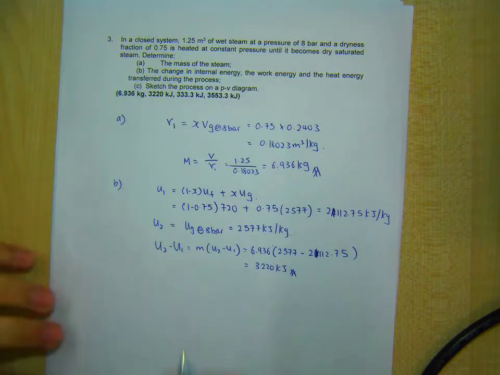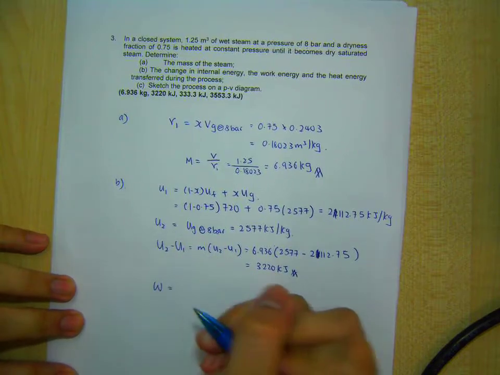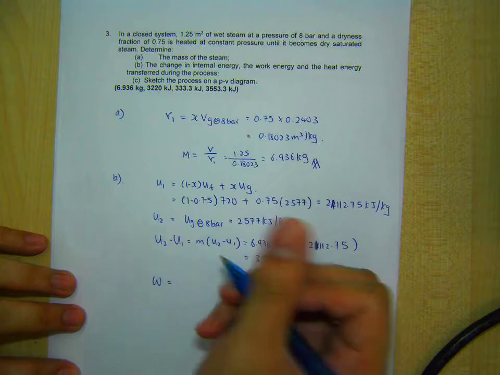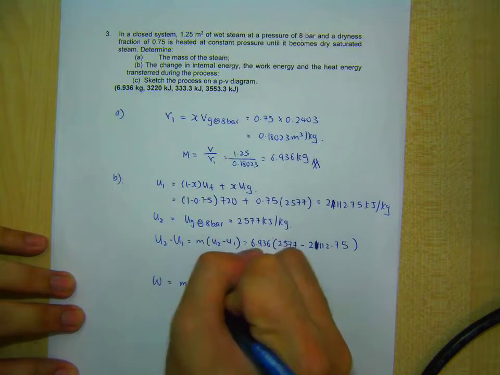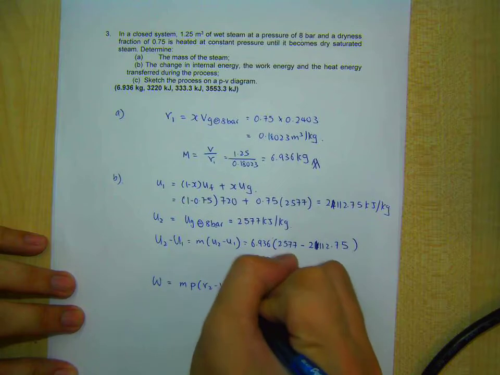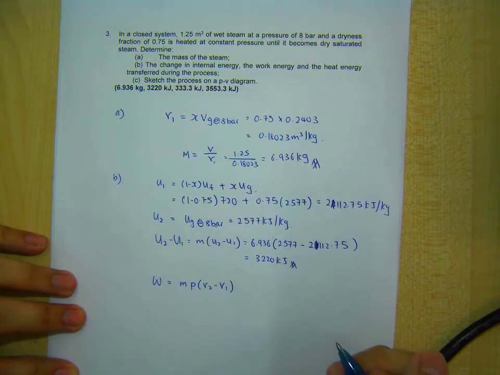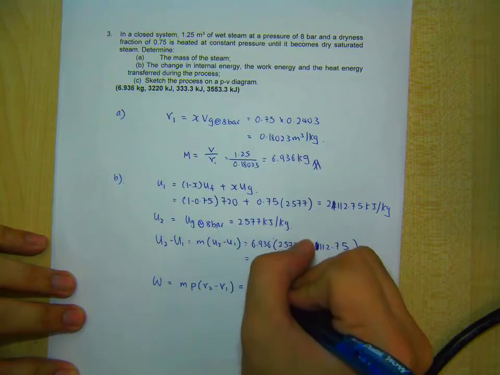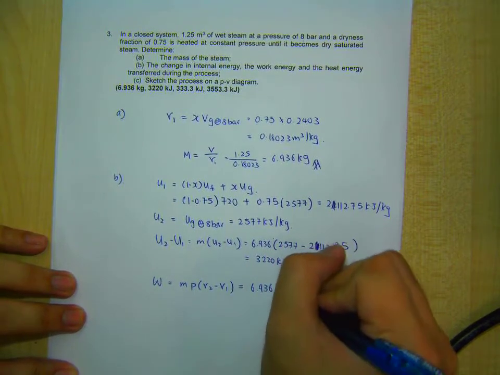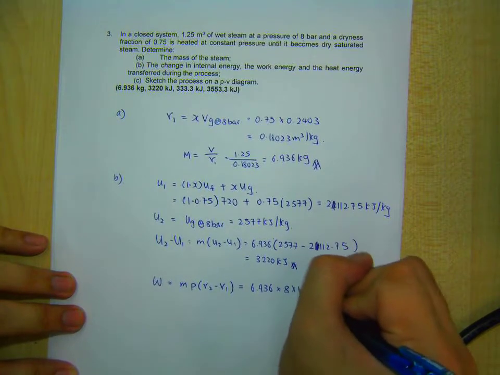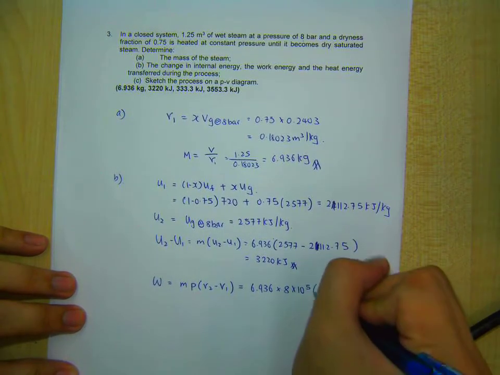Okay, next to get the work done, since it's a constant pressure process, there's a specific formula to use, which is m P (V2 minus V1). In this case, the mass is 6.936. The pressure is 8 bar, so 8 times 10 to the power of 5, changed to Pascal.